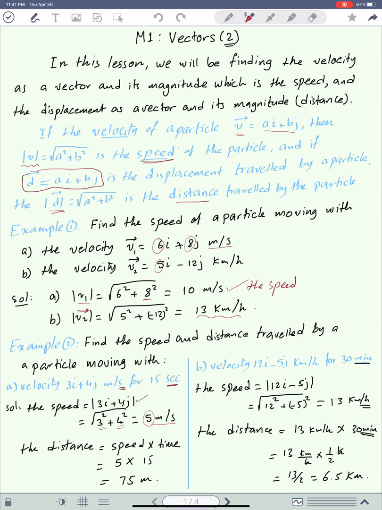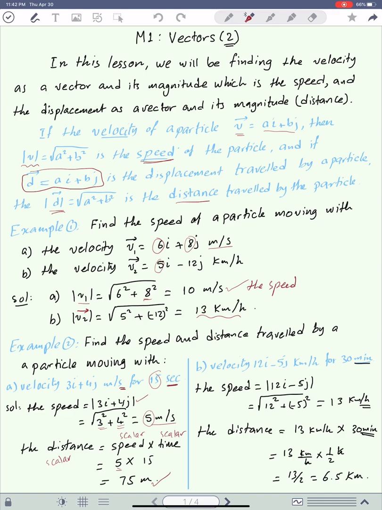The distance, we know the distance equals speed times time. Distance is a scalar. The magnitude of the vector is a scalar. Speed is a scalar. Time is a scalar. So distance equals speed times time, normal multiplication. The speed is 5 meter per second times 15 seconds, giving 75 meters.